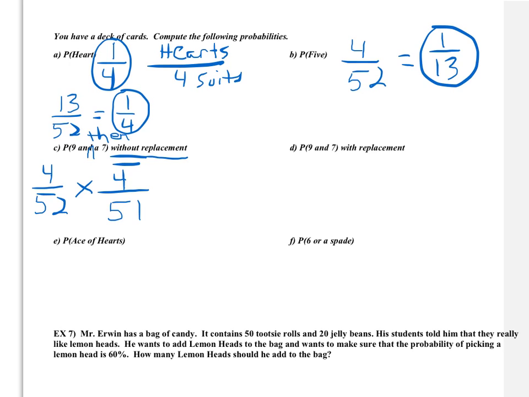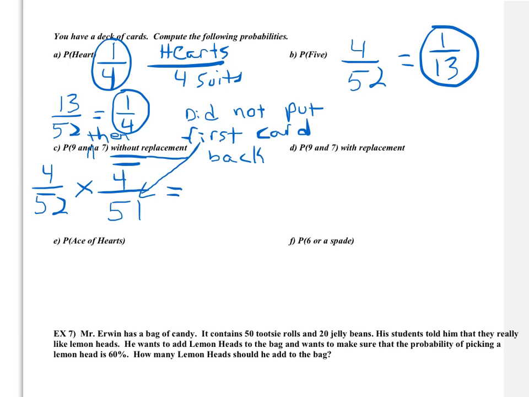So for this without replacement, let's put a note: did not put first card back. When we drew that first card, we did not put it back for the second draw. That's why the denominator changed.